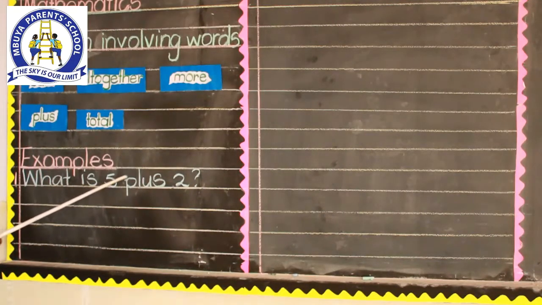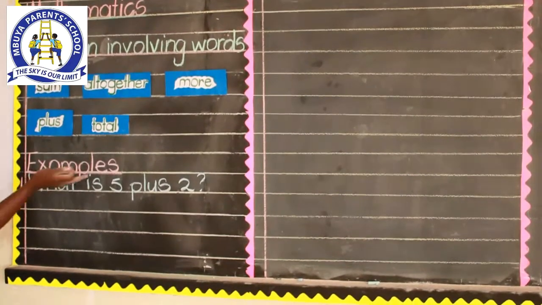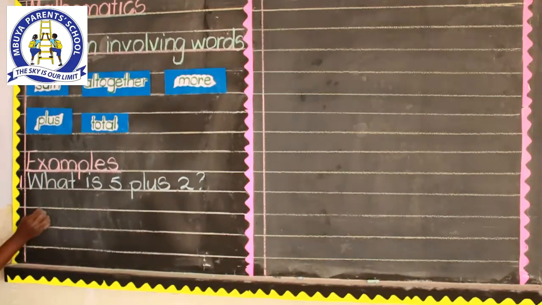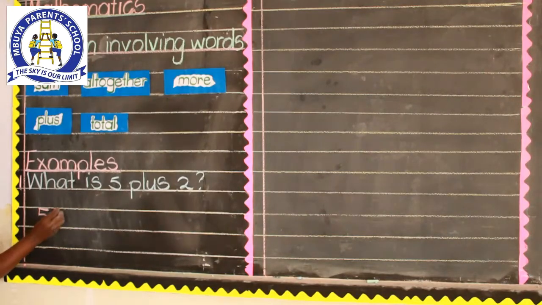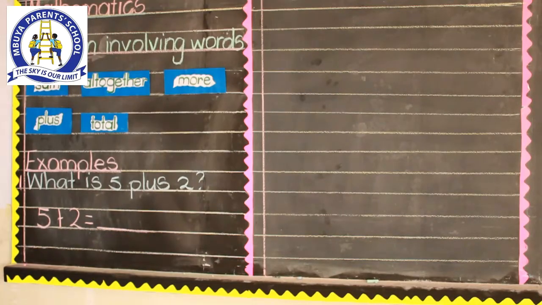What is 5 plus 2? We said that this word can also mean addition. Are we together? So now we are going to add 5 to 2. What we do, we copy those figures this way. Let's copy them. 5 plus 2, what do we get? When you add 5 to 2, what do you get?